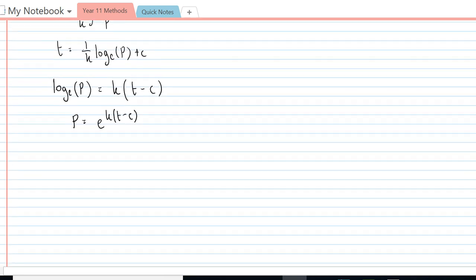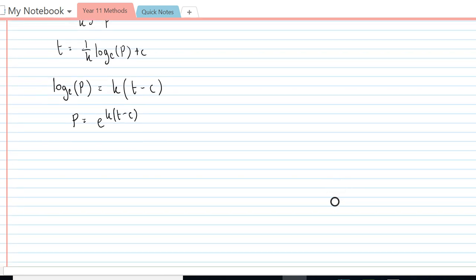There's probably just one more thing to do here, and that would be to say that P is equal to a e to the power of kt. And we can do that because this line here could be broken down into P equals e to the kt times e to the negative kc.